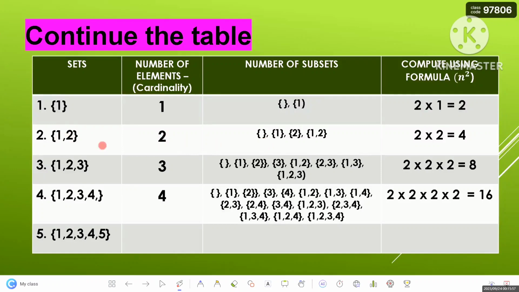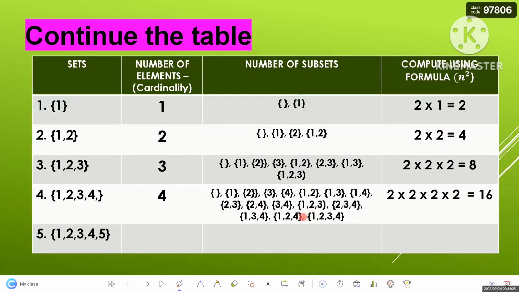Pag-iwalayan natin into single, set 1, set 2. And then double, set 1 and 2. Bilangin natin 1, 2, 3, 4. Tama kaya na 4 ang subset? So, balik tayo rito. 2 raised to 2. Bakit 2? Because dalawa ang ating elements. So, 2 times 2 equals 4. Diba? Yan yung ating formula.